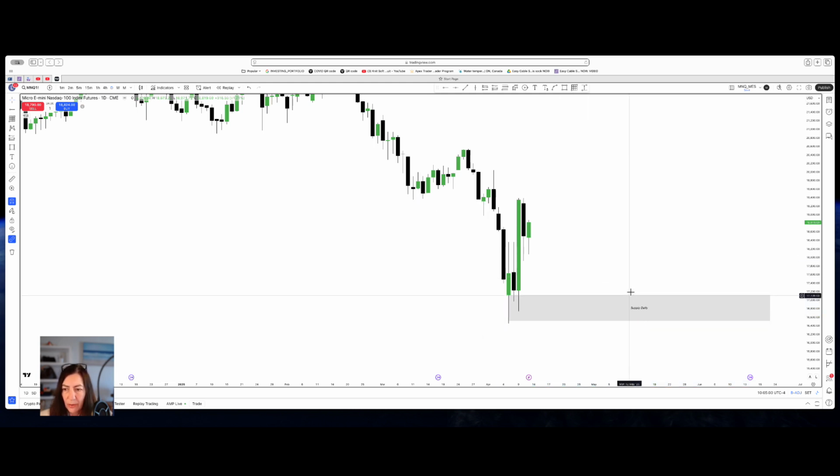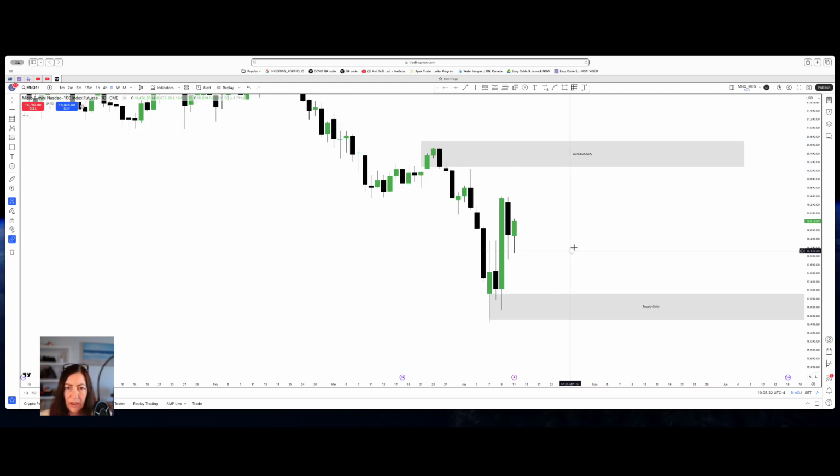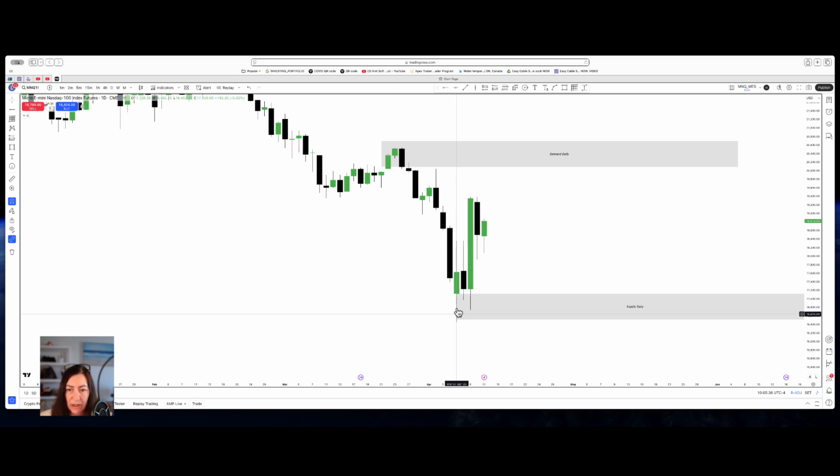And then we have our demand up here, demand daily. So what I'm looking at here is the swing high to the swing low, swing high to the swing low. And then last week we came back into that range. Okay, so this is the swing high to the swing low.